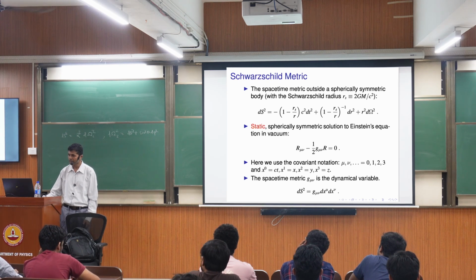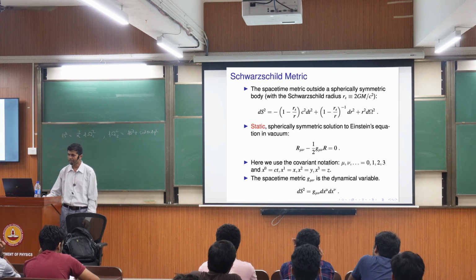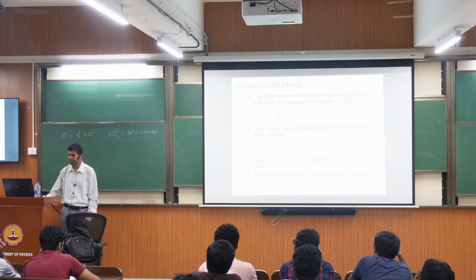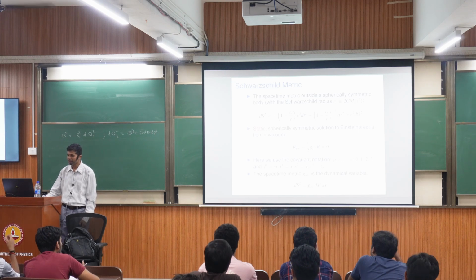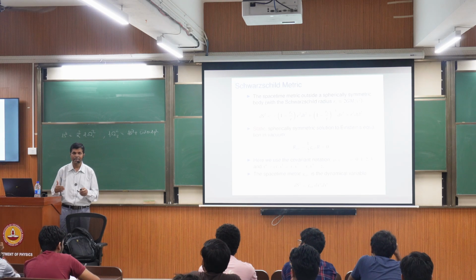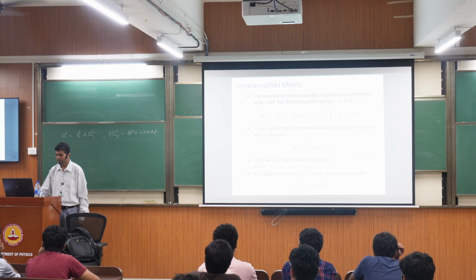The coefficients form a 4 by 4 symmetric matrix, and these are the elements of this matrix. In general relativity, these are the dynamical variables, and this is actually a set of 10 second order partial differential equations.